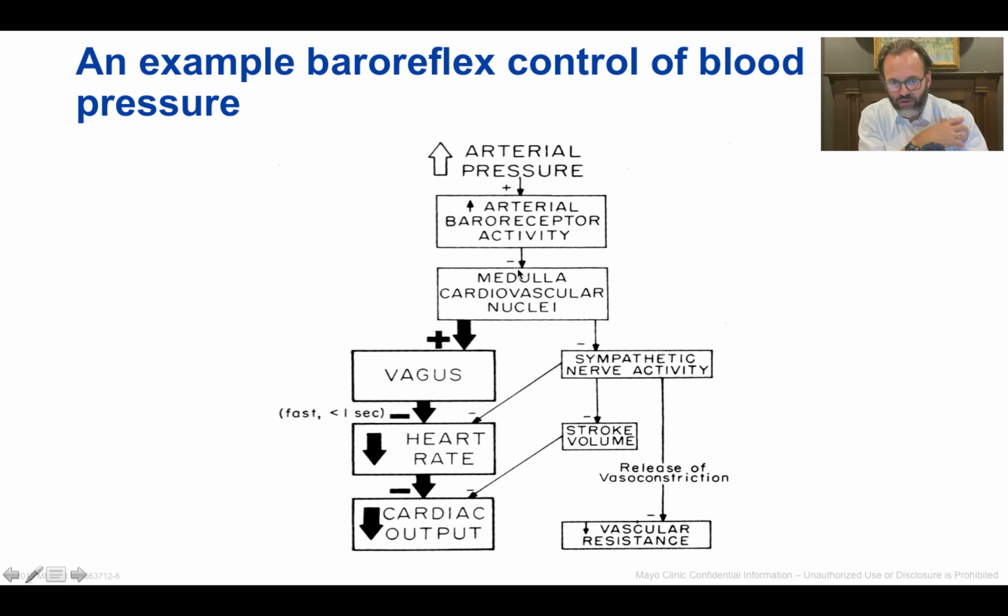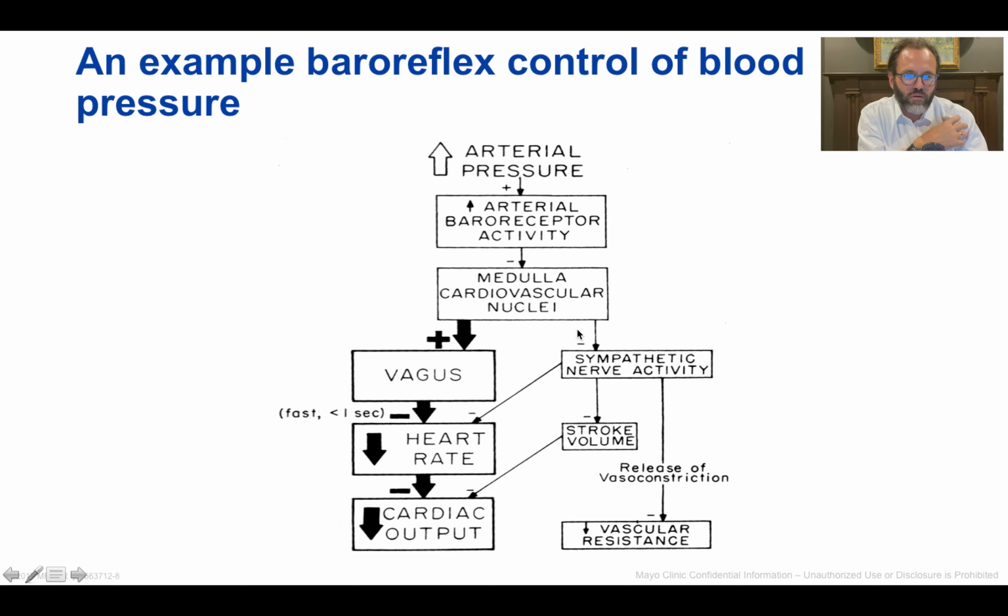That increase in arterial pressure and the changes in firing rate in the inhibitory signal going to the brainstem is going to increase parasympathetic nervous system outflow. So what we'll have is an increase in vagal nerve activation, and that is going to result in a reduction in heart rate and a reduction in cardiac output. So again, trying to reduce flow to attenuate those increases in arterial pressure.